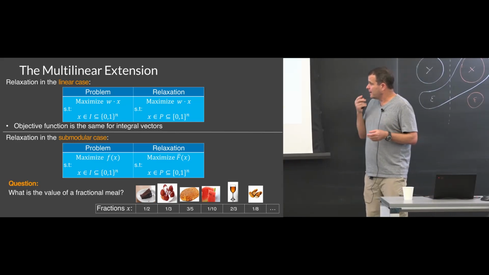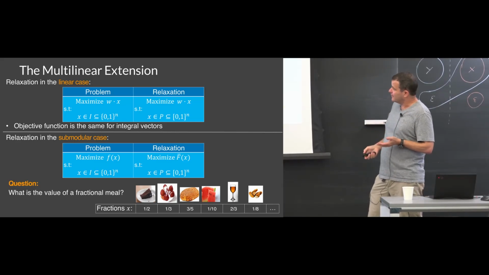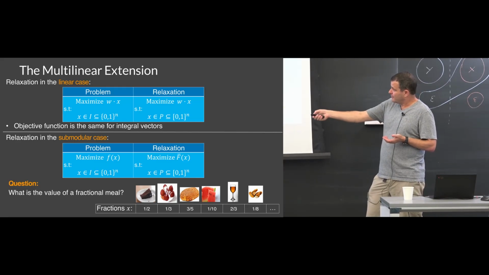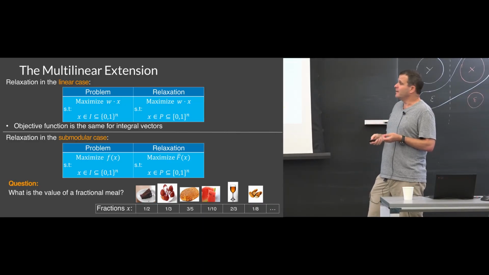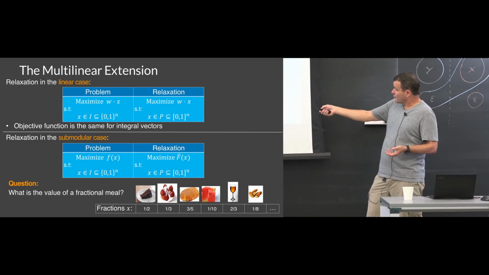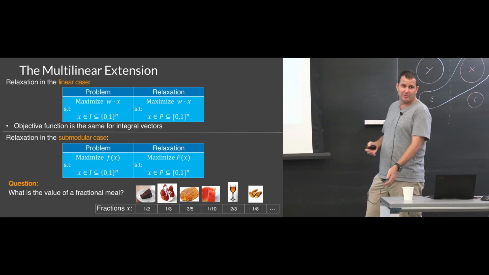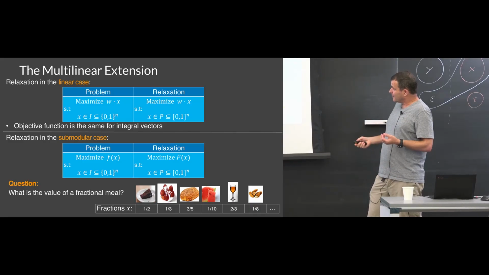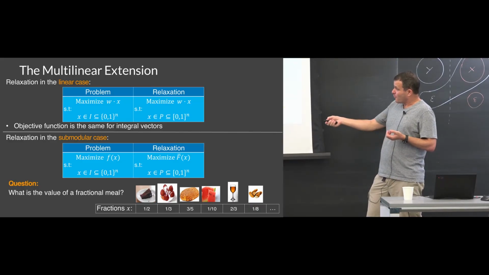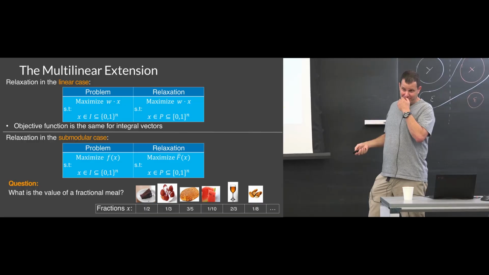So you want to do the same for the submodular case. Here you have your integer problem: you have f of x and an integer region. So you relax your feasible region to the convex hull or something. But then there is a question of what is the value of a fractional meal?